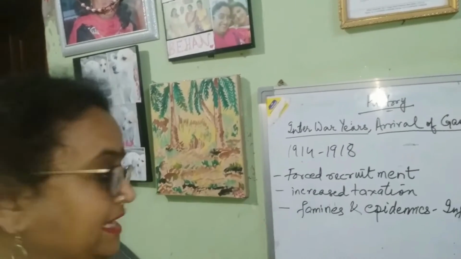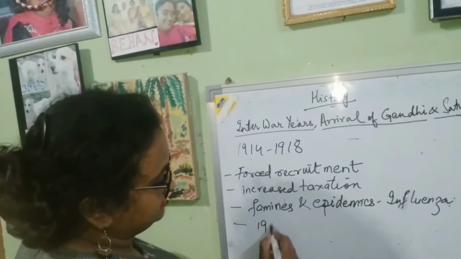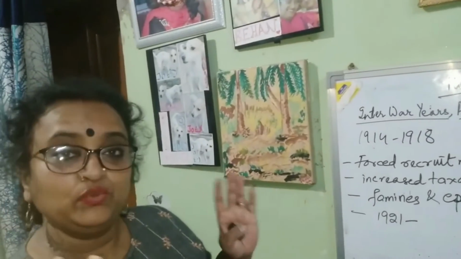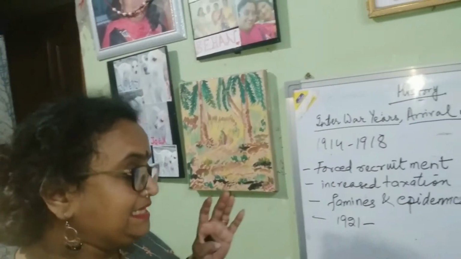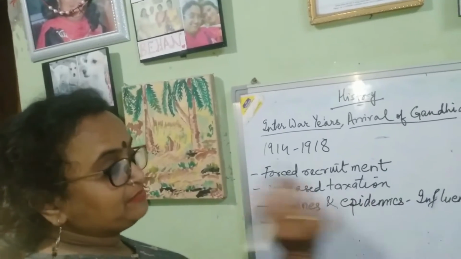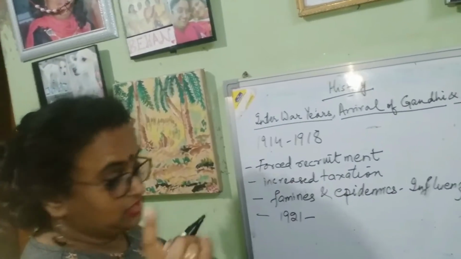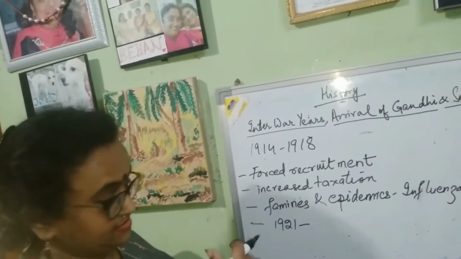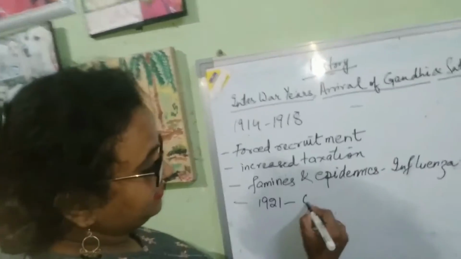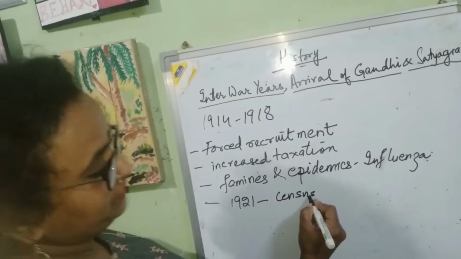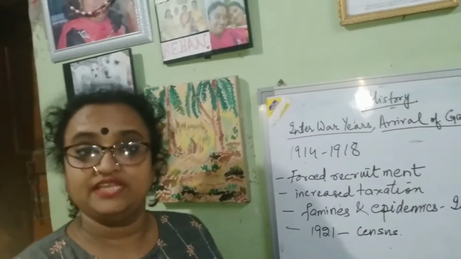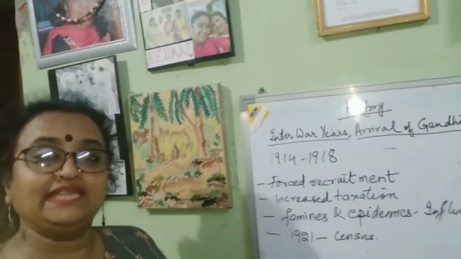So in the 1921 census, it was found that around 12 to 13 million people died in the famines and epidemics in 1918. So you can imagine how many people must have died in all these years. So the 1921 census proved the callous attitude, the hard attitude of the Britishers towards Indian masses. They were ruling India, but they had no care for the well-being of the people.